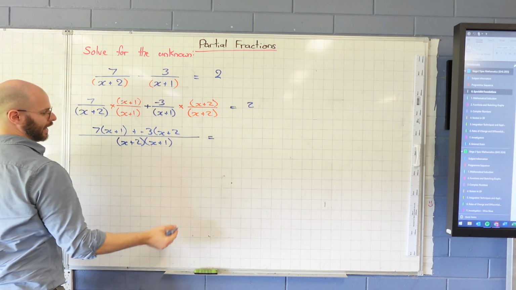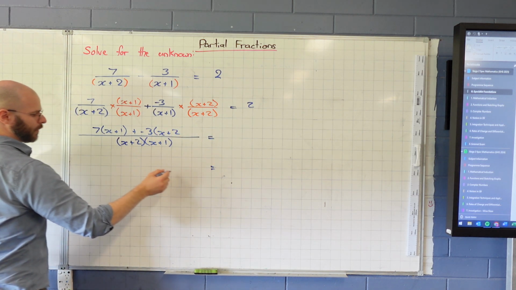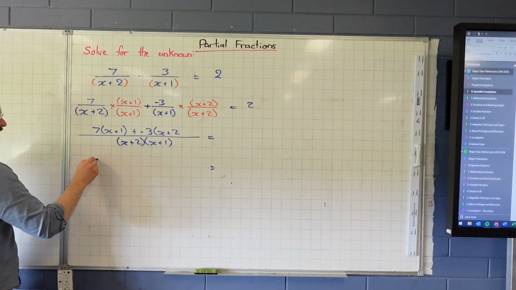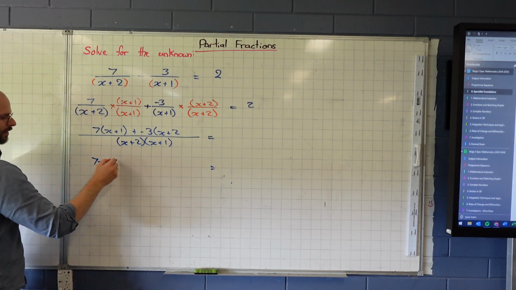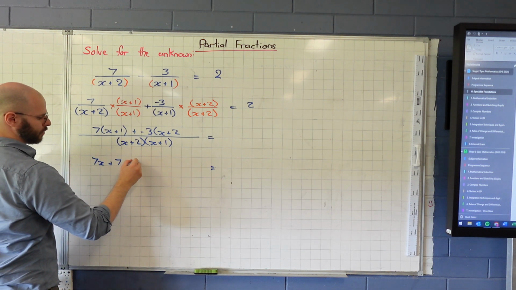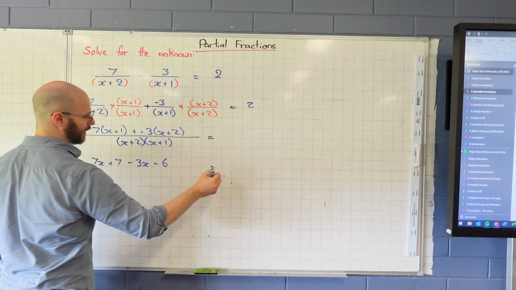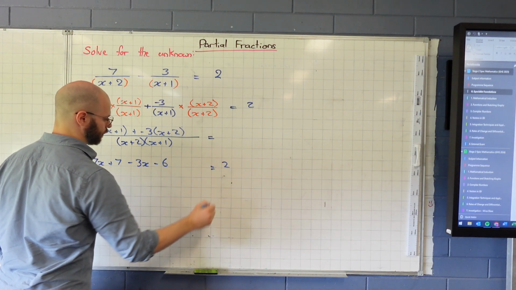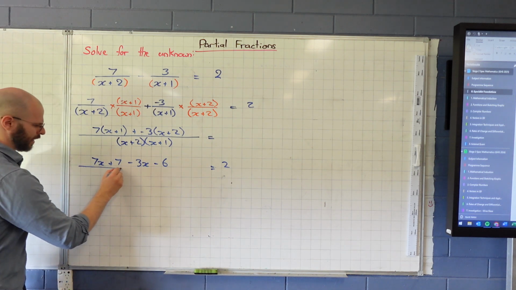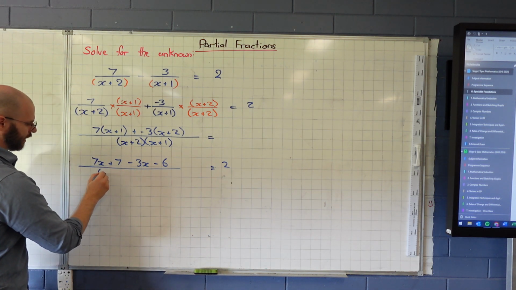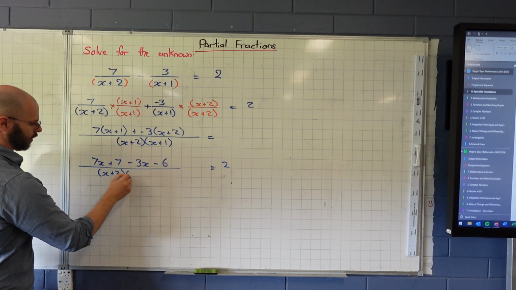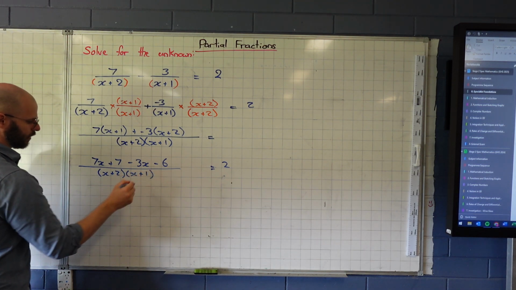It's still 2 on the right here. Working down the page, we're going to get 7 x's plus 7, take 3 x's, take 6. And that's all equal to 2. Underneath that, we're going to get x plus 2, x plus 1.